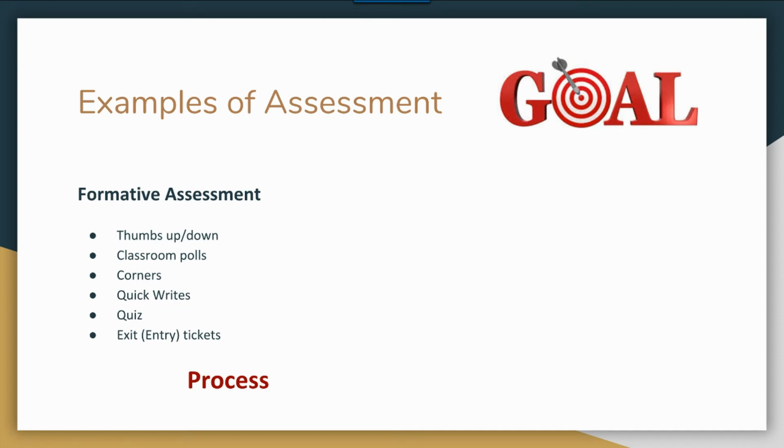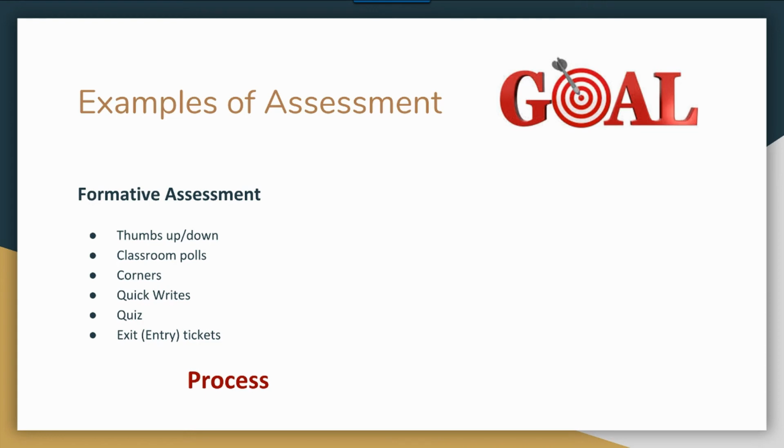Every student has a smartphone. You use Poll Everywhere. I did that in Gov Day, if you remember. You just ask the question and everybody punches in an answer, and you watch it on the screen as the results come in. It's really useful. And there's lots of different iterations of that.